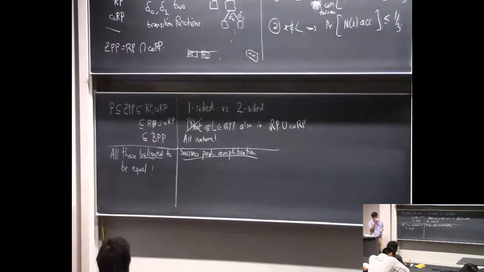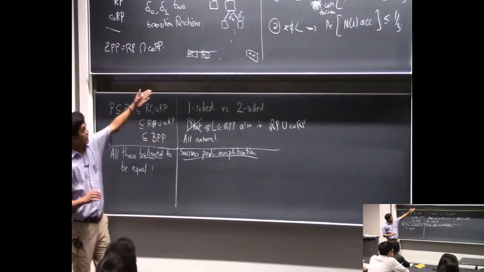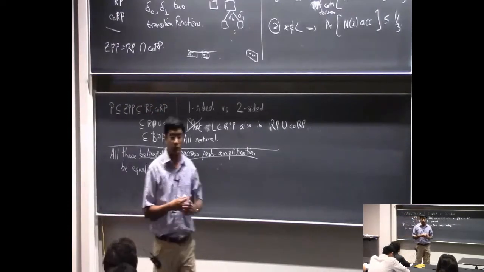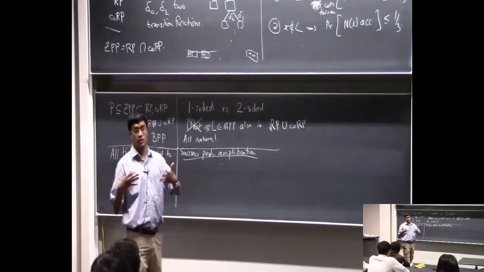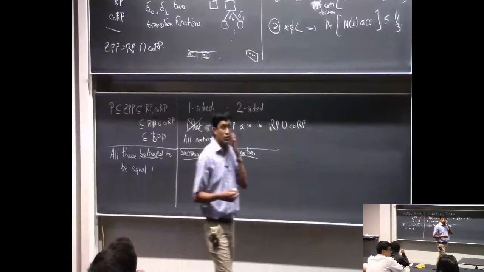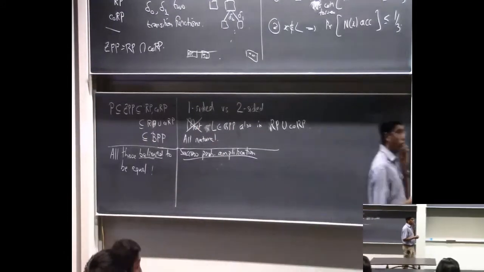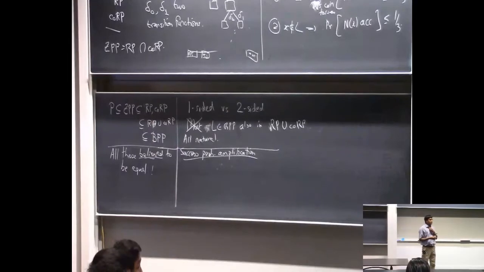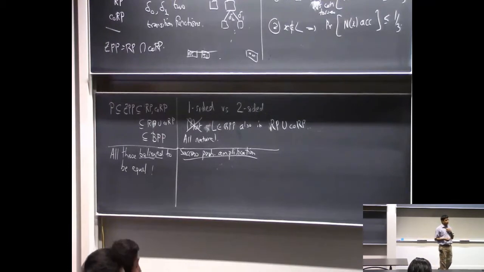Any suggestions? Say I want to be correct with probability 99%. How will you boost your confidence in the answer? Yeah? Run the algorithm multiple times. Right, so run the algorithm multiple times, and what do you do with all its answers?